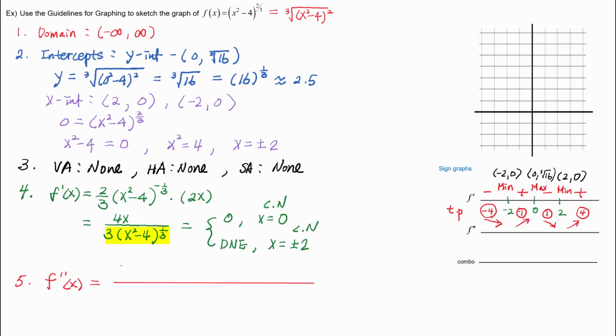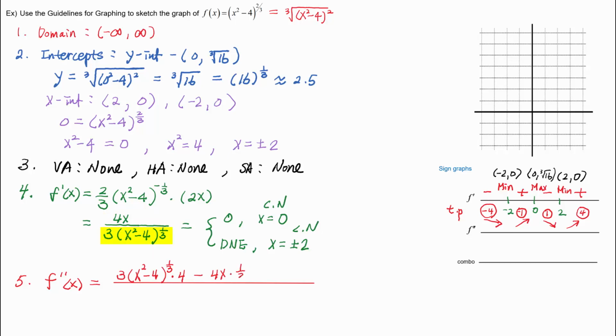So low, 3 times quantity x squared minus 4 to the 1/3 power, times d high, the derivative of high is 4, minus high is 4x, d low, take the derivative of low.